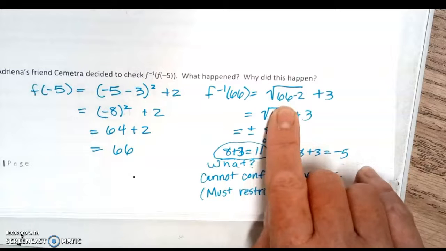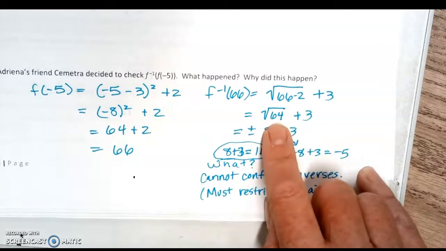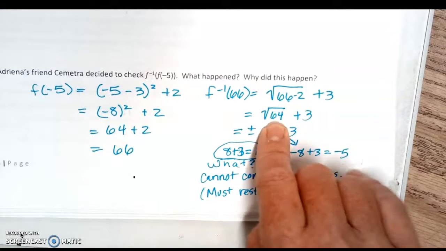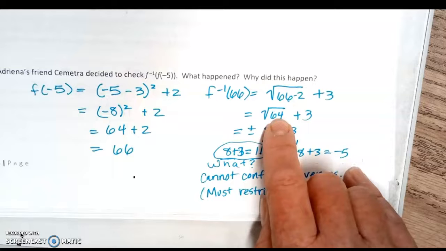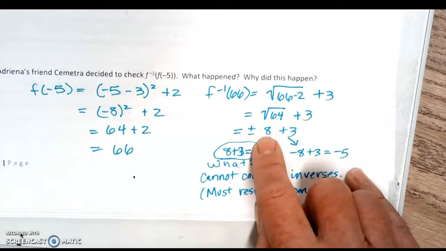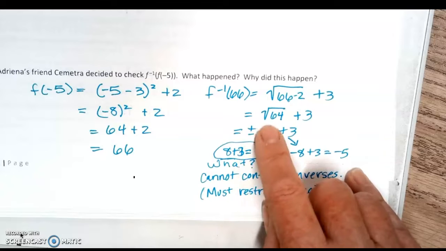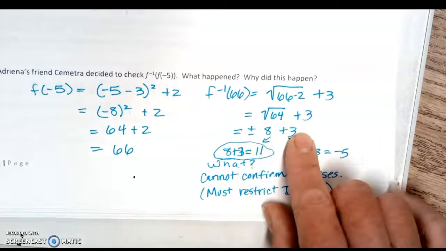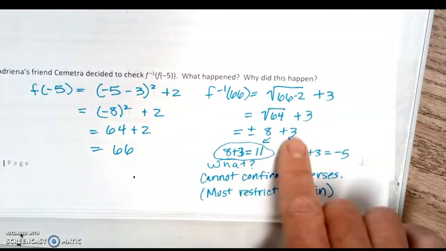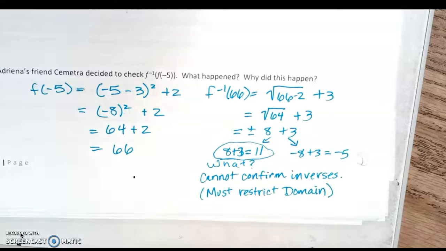So we plug in 66. 66 minus 2 is 64. And the square root of 64 is 8, but it's also negative 8. So we're going to have positive 8 plus 3, and we're going to have negative 8 plus 3. When we have 8 plus 3, we get 11. Is that what we wanted? No. If we plug in negative 8 plus 3, we get negative 5.